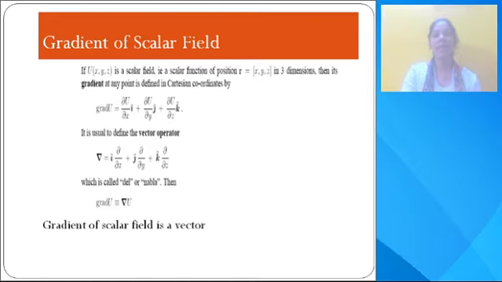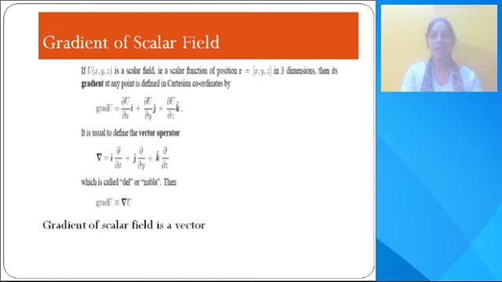When del operates with a vector quantity with the dot product, it gives us divergence, and when the same del operates with a vector quantity but with the cross product, it gives us curl.